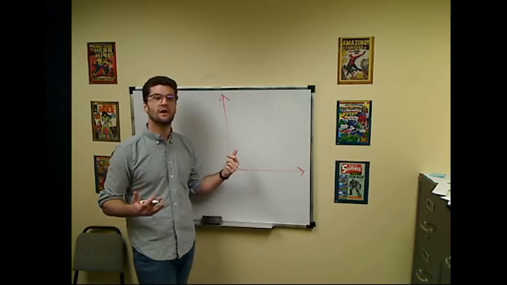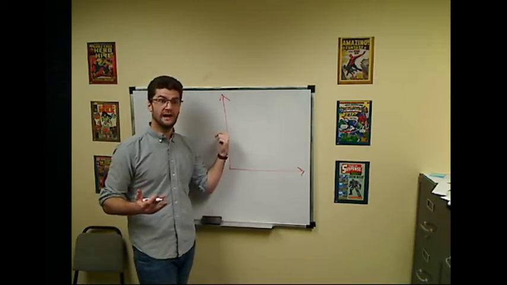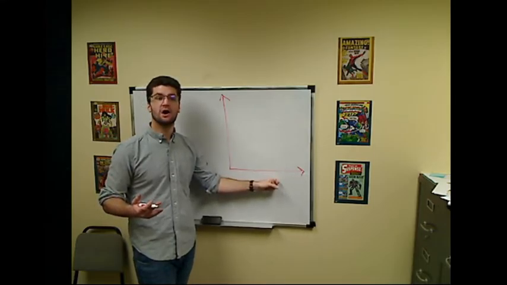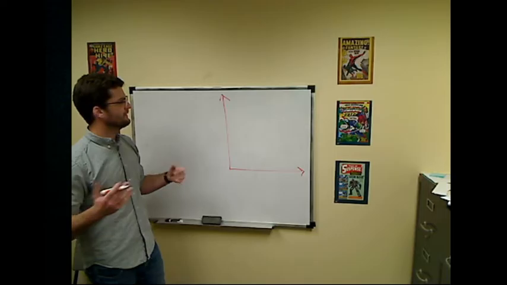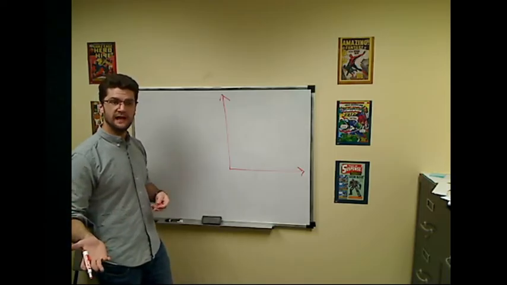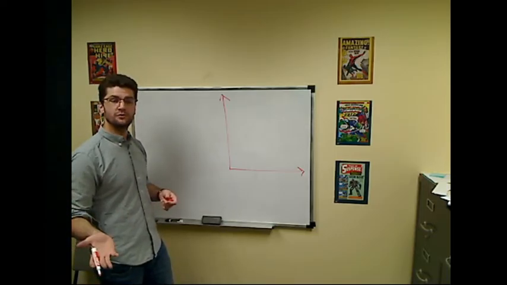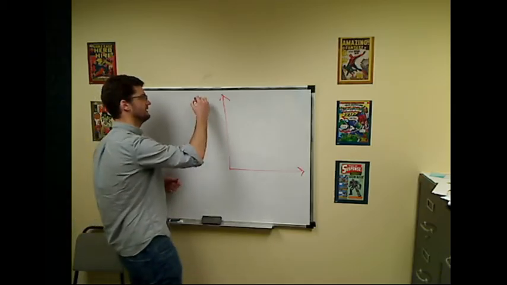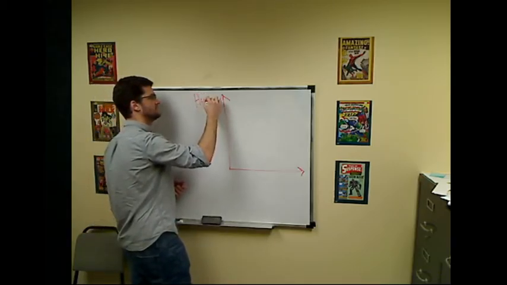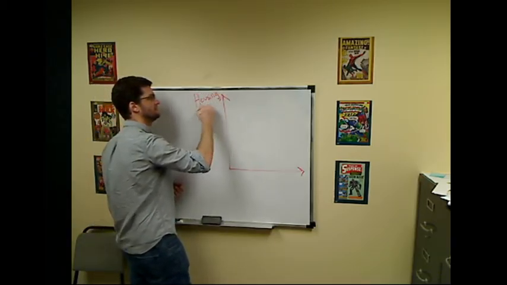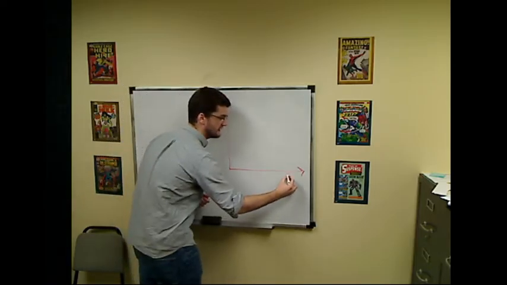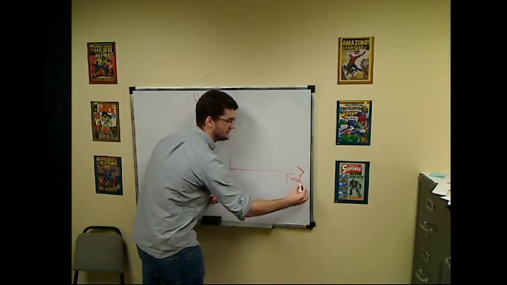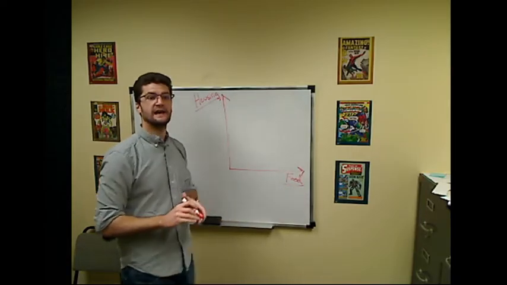So it's going to be the quantity of one thing on the y-axis and the quantity of another thing on the x-axis, okay? For this particular example, what we used in class is food and housing. So let's put housing up here on the y-axis, the quantity of housing that we can produce, and then let's put food down here on the x-axis.